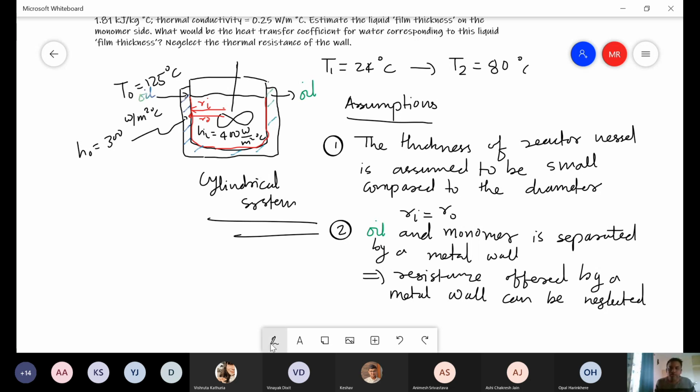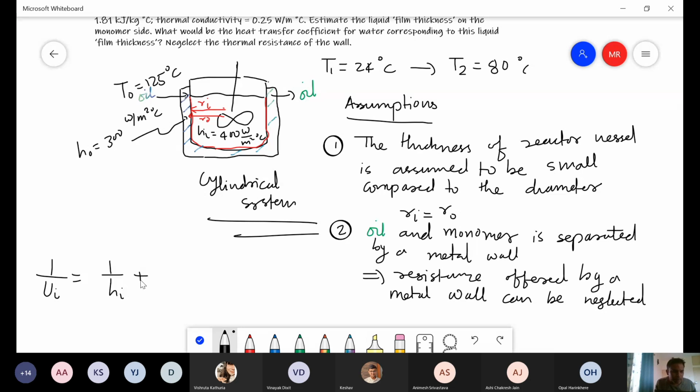Correct. So in this case, the overall heat transfer coefficient Ui we can write in terms of the inner radius, that can be written as 1 by Hi plus Ri by R naught, 1 upon H naught, isn't it?